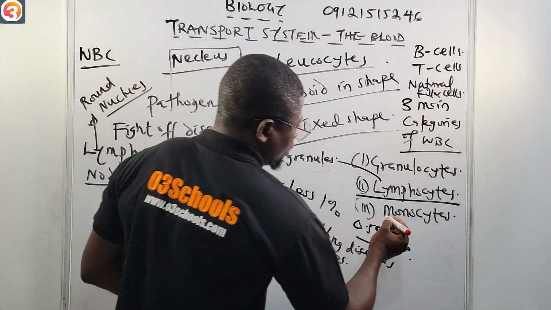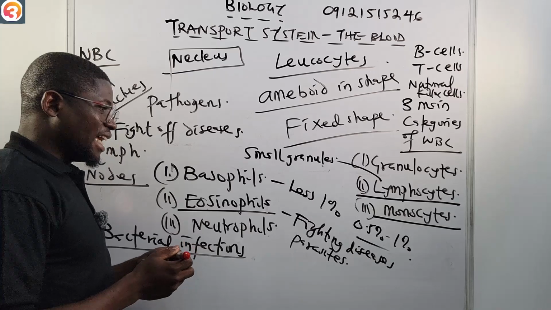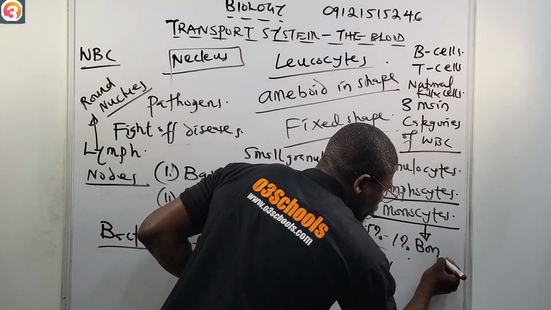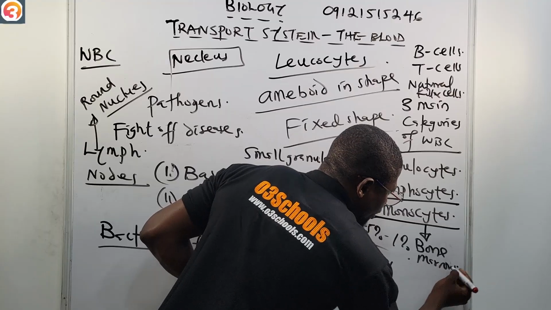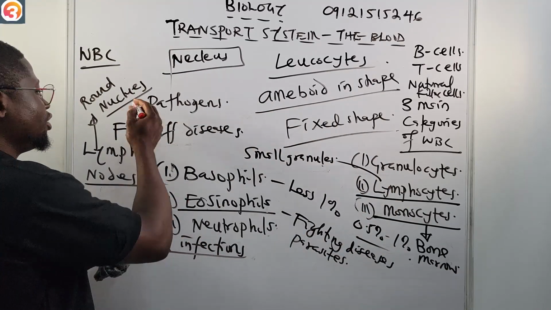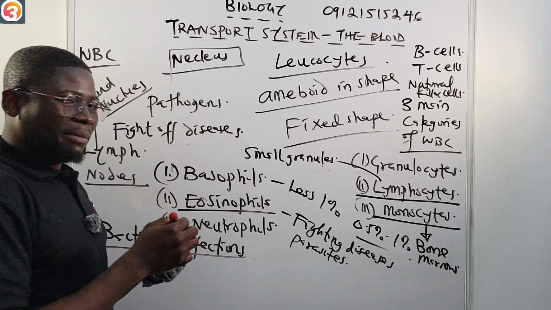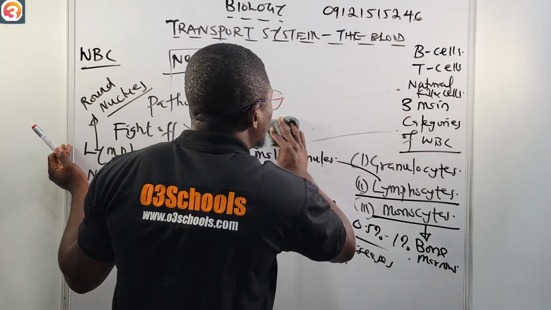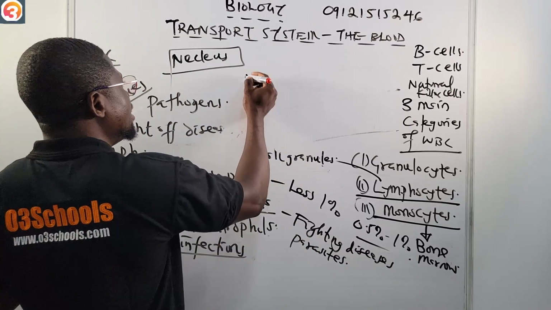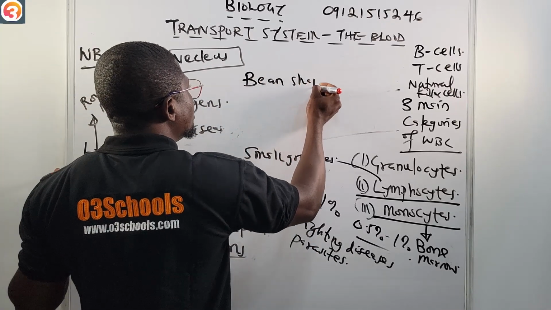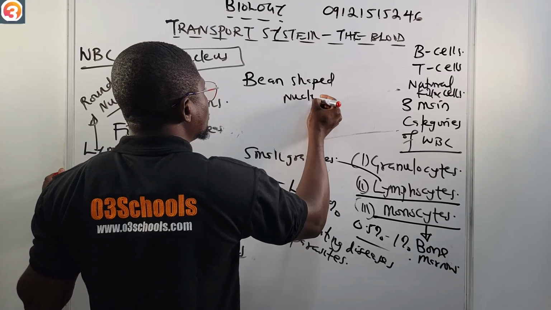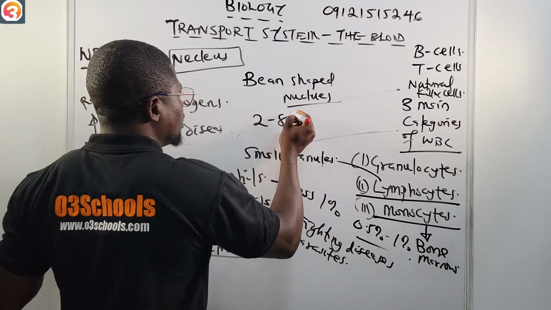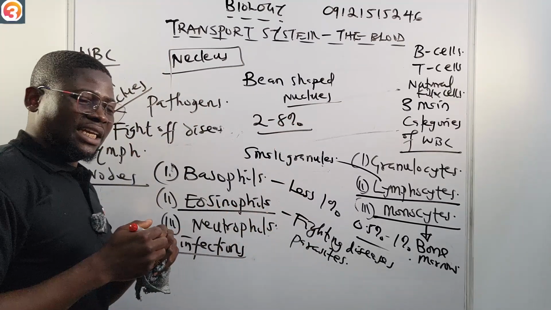That now takes us to the monocytes. The monocytes are formed in the bone marrow. You know that the lymphocytes have a round nucleus. The monocytes have a bean-shaped nucleus. They represent about 2 to 8% of the total white blood cells in the body.